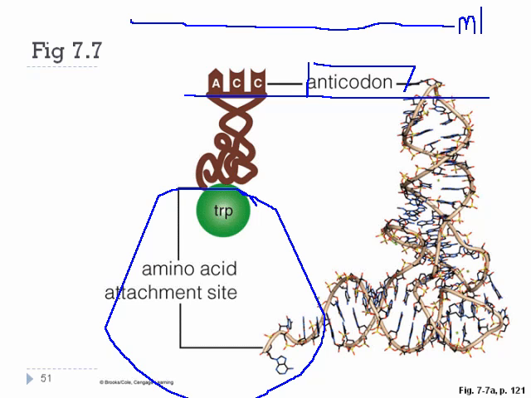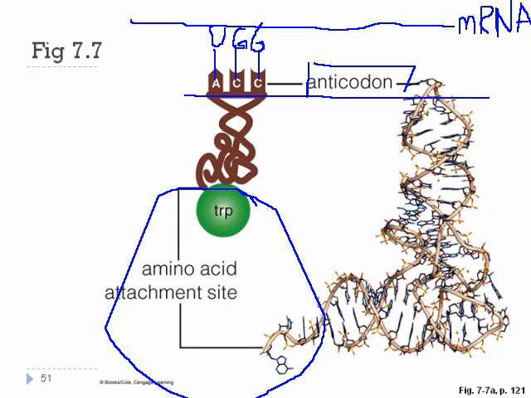So on the mRNA, there's going to be 3 nucleotides that form the codon that are going to match to this, that are going to be U, G, G. And they'll form these hydrogen bonds.